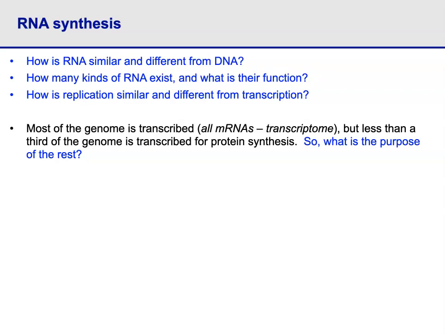It is a copy of the genetic information that's going to be expressed, transferring that genetic information from the nucleus to the cytosol. tRNAs, or transfer RNAs, are the RNAs that provide the matching between the amino acids and their corresponding codons in the mRNA. rRNAs, the ribosomal RNAs, are part of the ribosomes. They actually comprise the active site in the ribosomes.